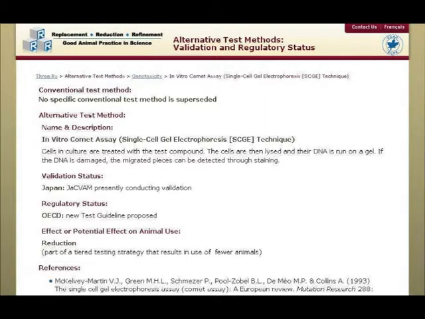Under validation status it says Japan, JACVAM, which stands for the Japanese Center for the Validation Alternative Methods, presently is conducting a validation process. Under regulatory status it says that a new test guideline is proposed, and under effect or potential effect on animal use it says reduction, as it is part of a tiered testing strategy that results in the use of fewer animals.